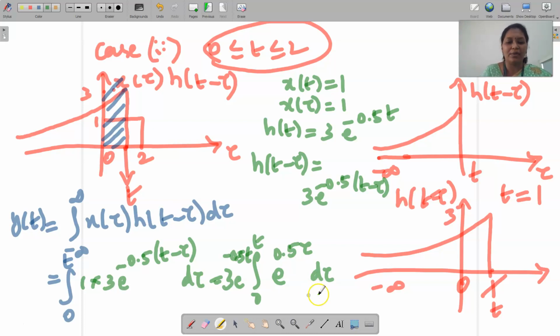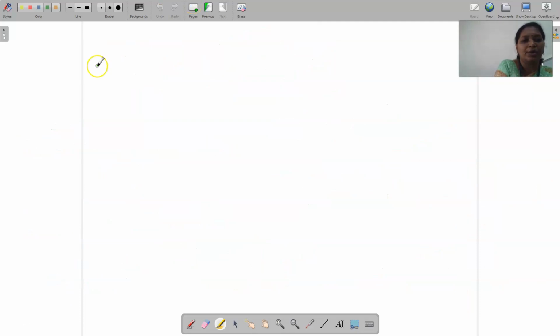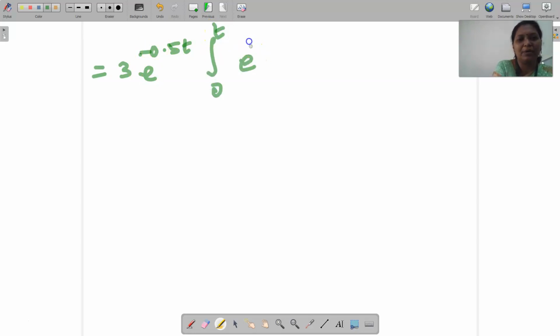Now I have to integrate this. I will go to the next page. So it becomes 3 into e power minus 0.5 t and limit is 0 to t e power 0.5 tau d tau. This is the thing we have previously.